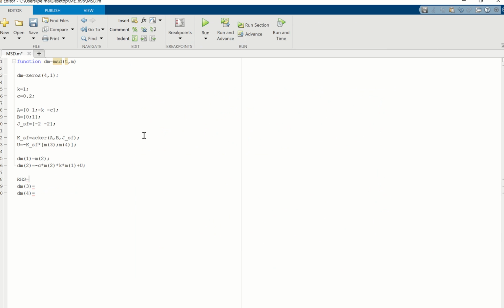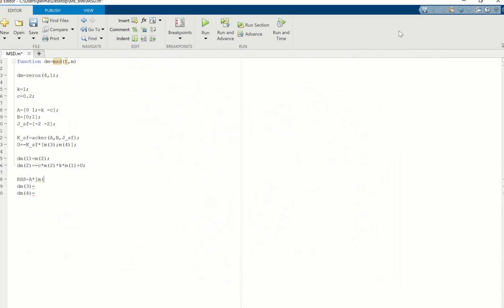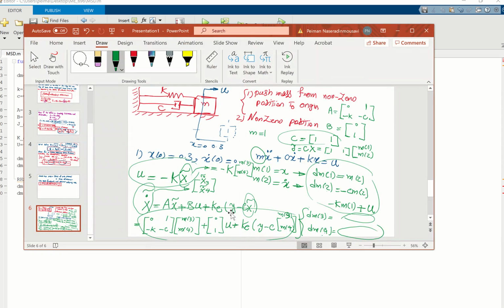Right hand side is A in estimated M3, M4, not the real ones, plus B in U, because your U is here. We just wrote it down, and we have B here. Plus K of estimator. Look at here, K of estimator.